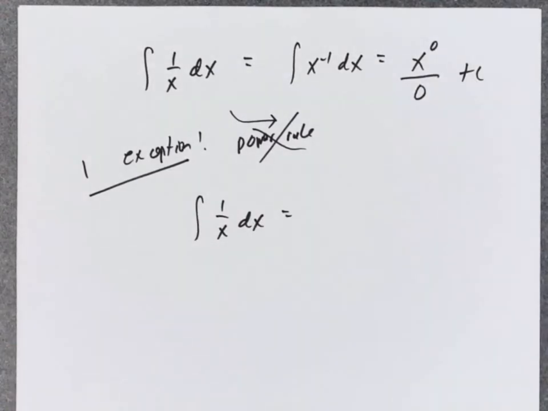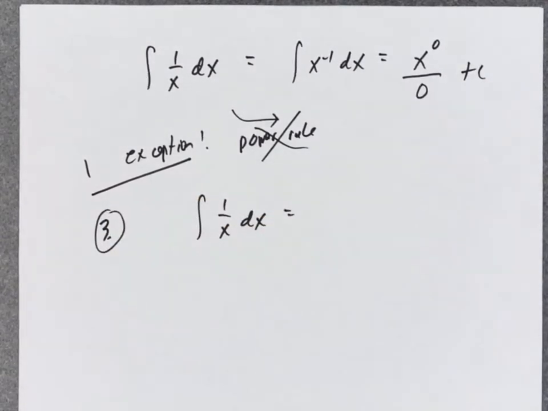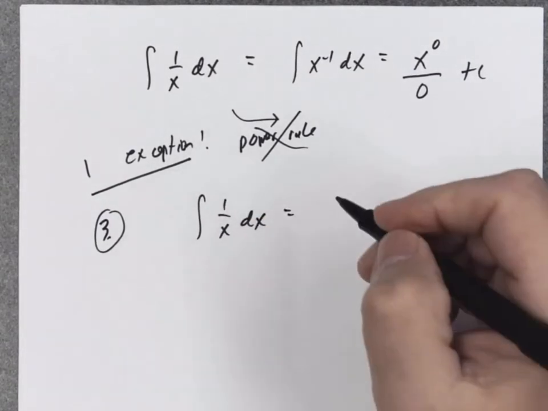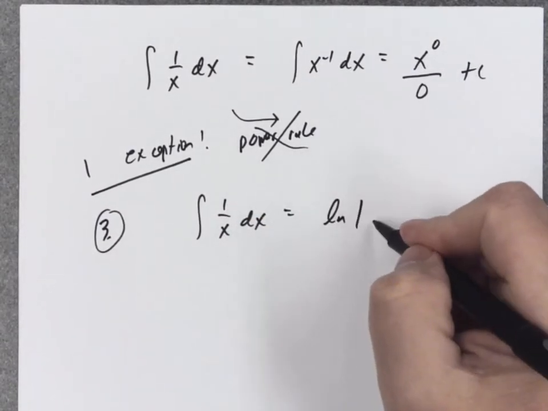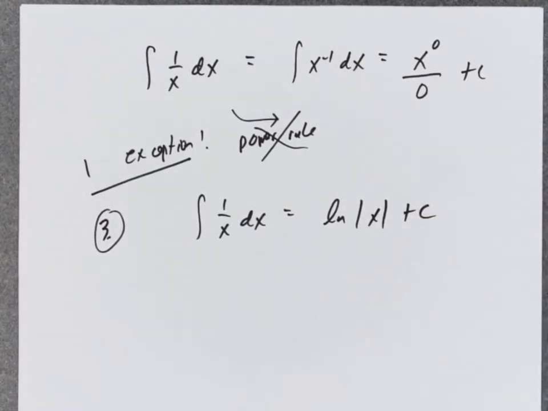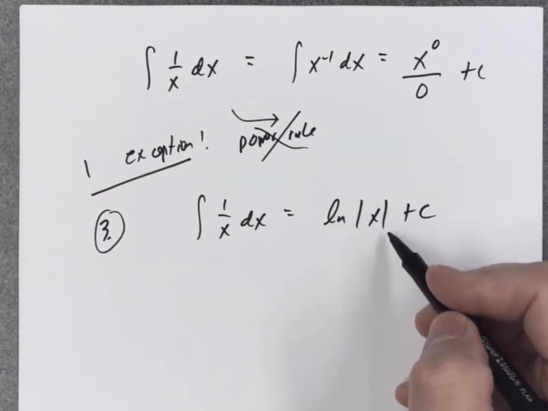So it turns out this is a special case. So this is almost like the third rule. And we make this rule for this one special integral. Only this one special integral. Whenever you have 1 over x. Because what it is, it turns out, wow, out of the blue, the natural log shows up again. And as it turns out, it's natural log absolute value of x.